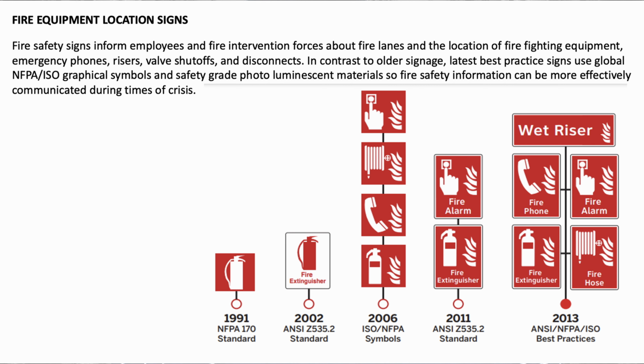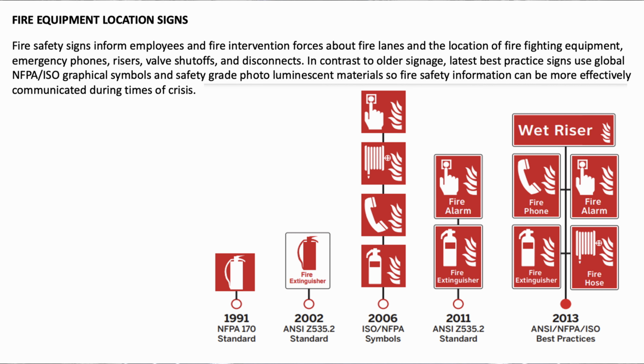When we talk about fire equipment or location signages, the revolution has played a vital role in making these safety signages. In 1991, the NFPA standard was there and signages used to look like this. In 2002, the same was carried forward by the ANSI standard as well. In 2006, when the ISO graphical symbols came, the signages started looking graphical.